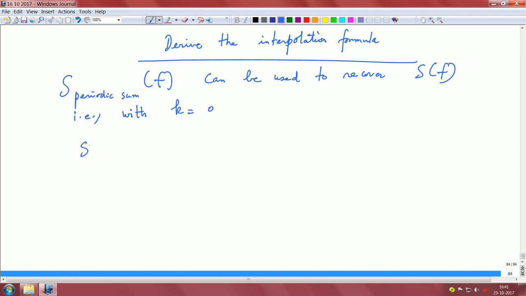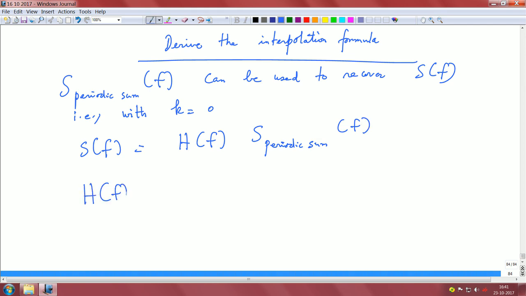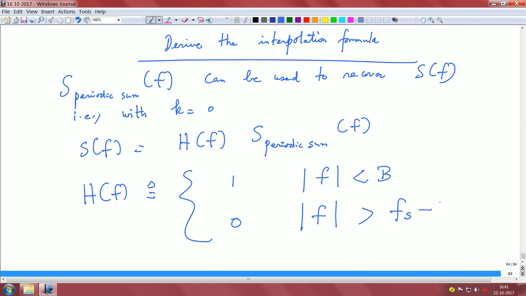So, we can say that S of f is some H of f times the periodic sum of S of f, and I say H of f is defined as a filter which is 1 for frequencies less than B and 0 for frequencies outside Fs minus B. This is very critical, and the crossover point happens when B equals Fs by 2, right.